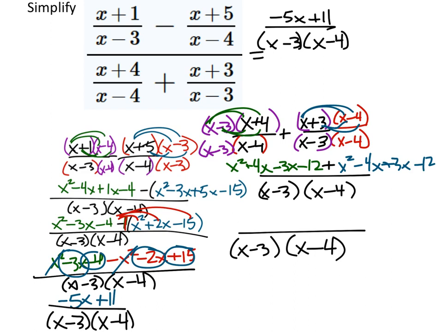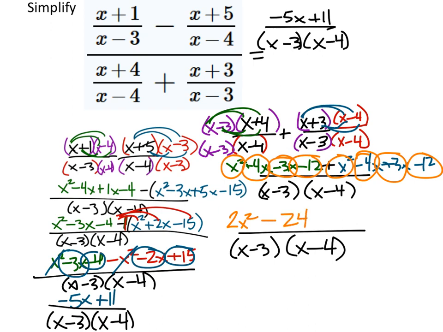So the x squareds, I've got two of them, this x squared and that one. So I've got 2x squared. 4x minus 3x is 1x, minus 4x is negative 3x, plus 3x is 0. Actually, that's pretty nice. Then we have negative 12 plus negative 12, that's negative 24.